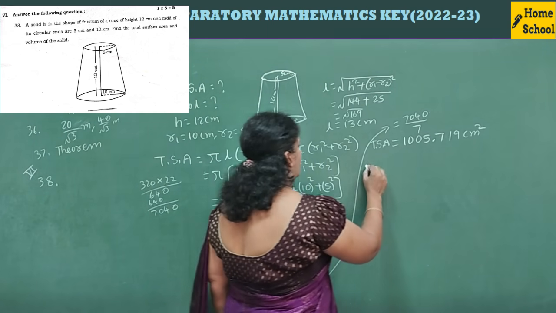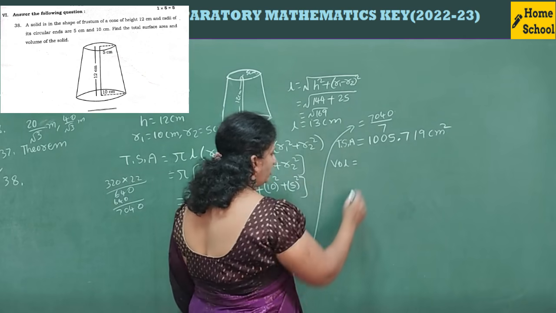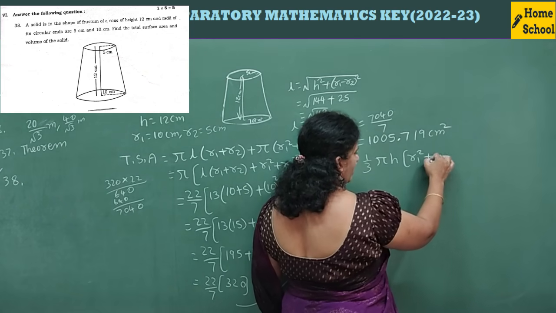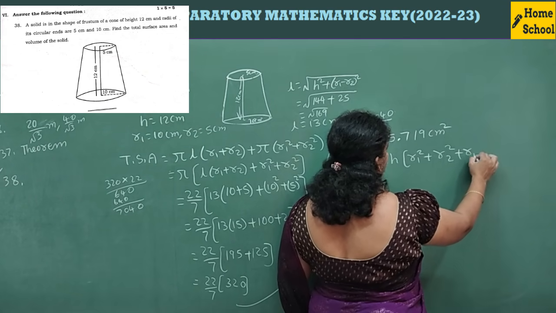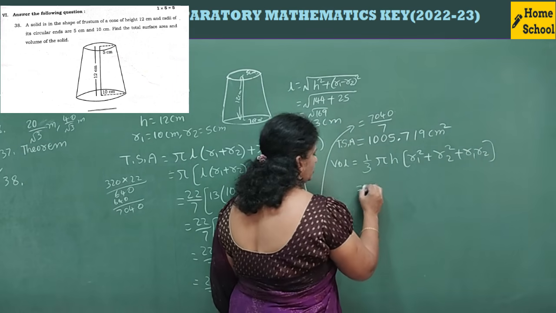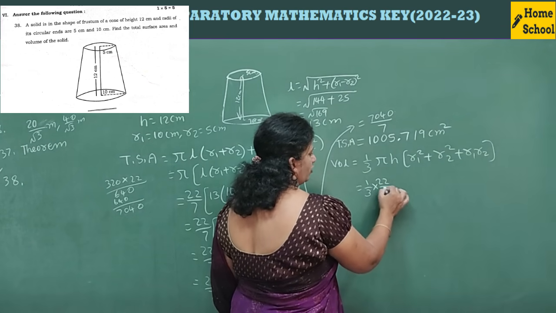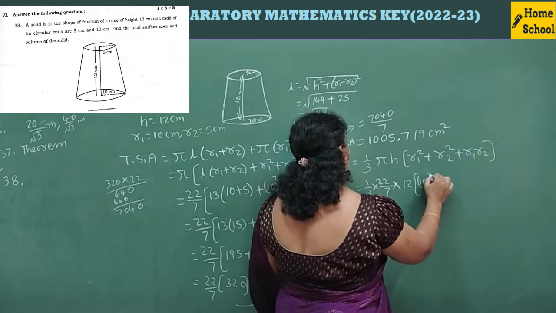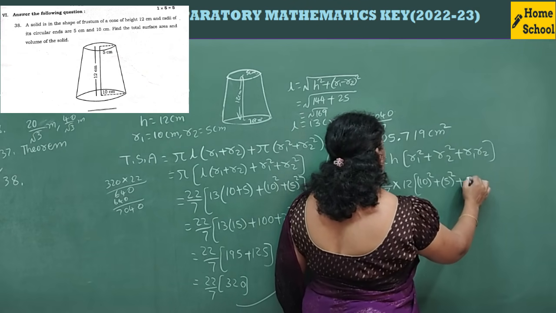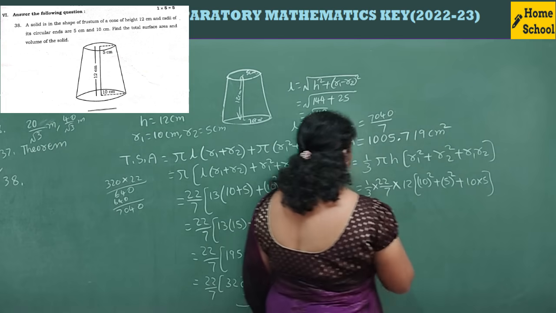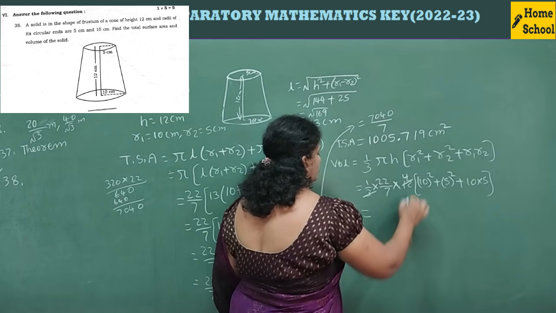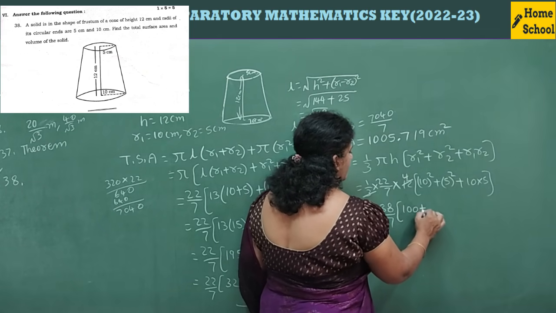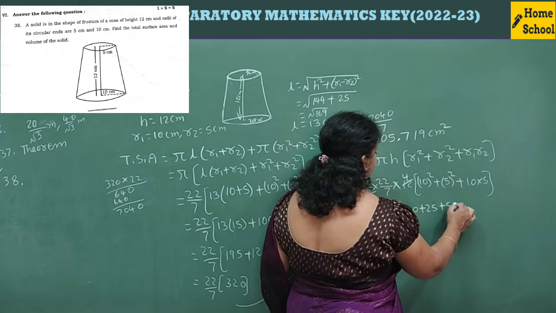And now we have one more sub question. What is that? Volume. What is the volume of a frustum of a cone? 1 by 3 pi h into R1 square plus R2 square plus R1 R2. Substitute 1 by 3, 22 by 7. What is h? 12, R1 10, R2 5, 10 into 5 here, right? Then 3 4s are 12, 88 by 7 into 100 plus 25 plus 50.